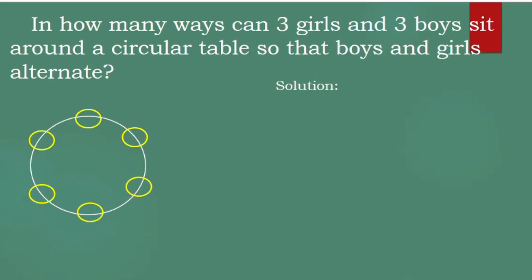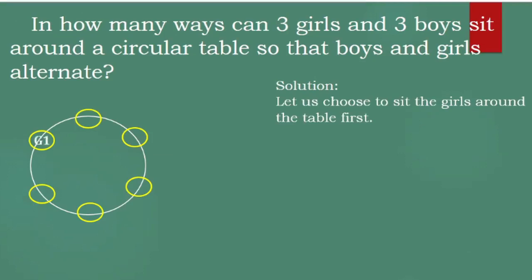Assuming we seat the girls around the table first, we have girl 1, then girl 2, and girl 3. So how many choices do you have to sit here?